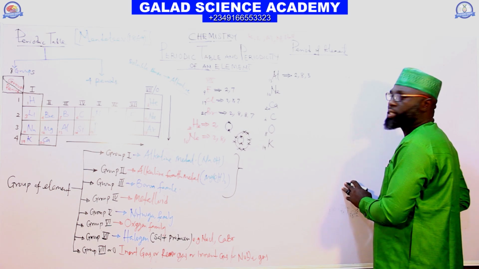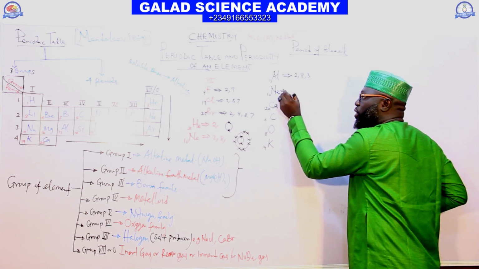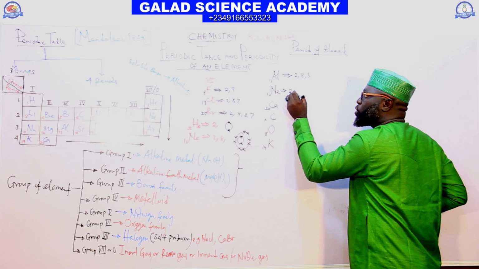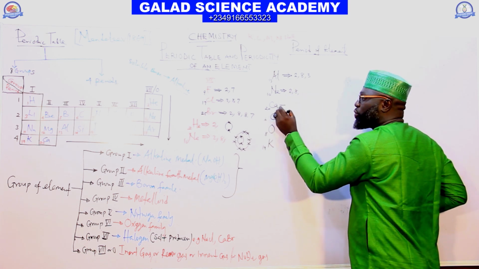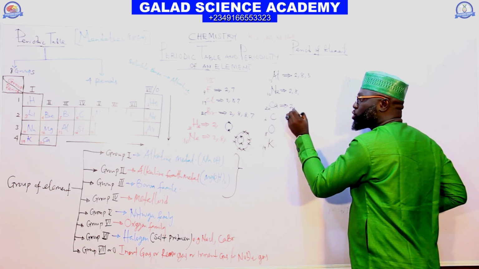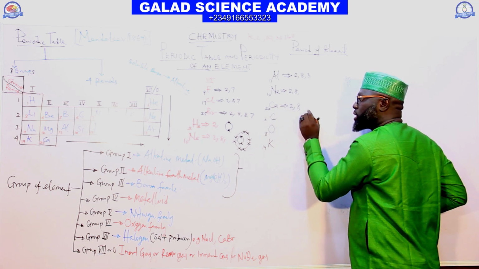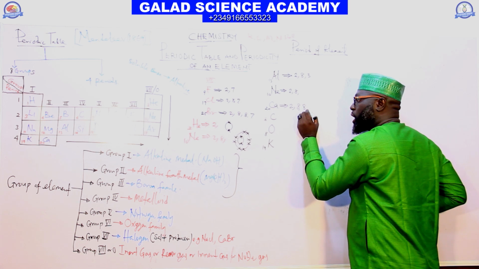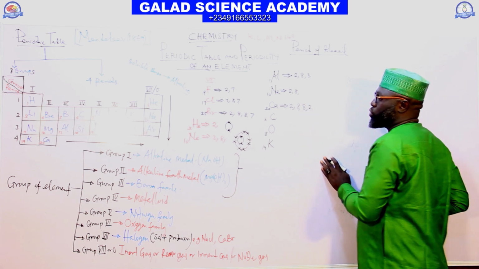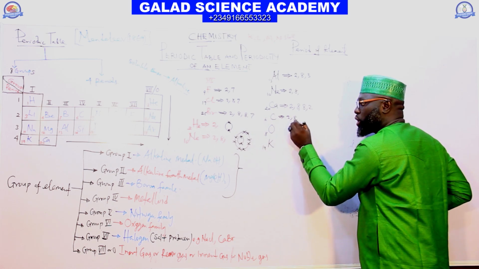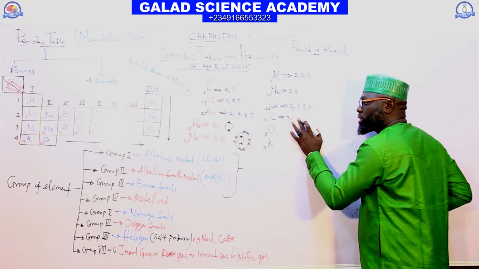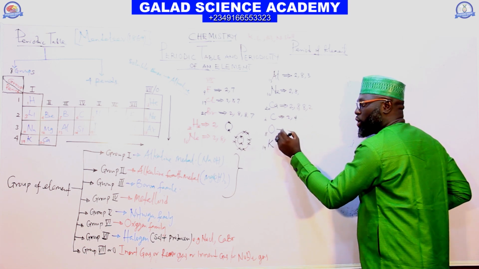So for neon, what do we have there? 2, 8, complete. For calcium, 20: 2, 8, 8, 2. For carbon, 2, 8 is not up to 8, so 2, 4.